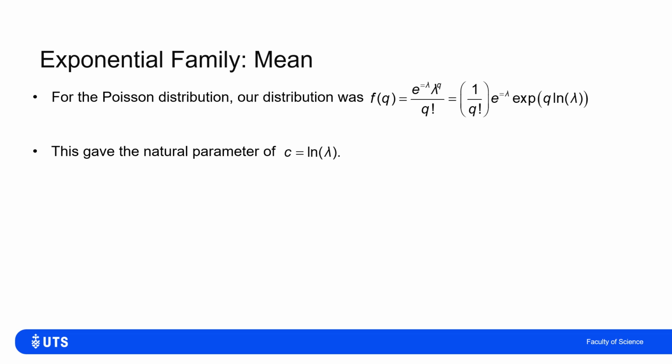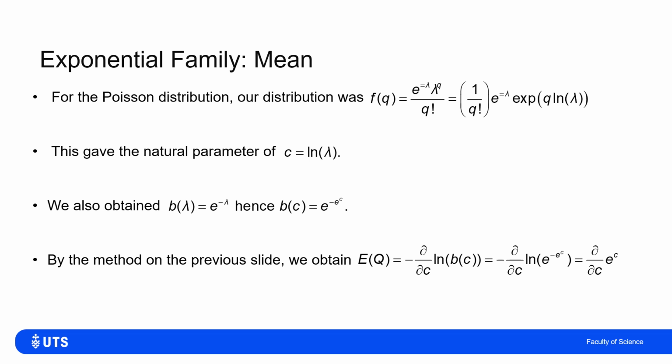And this tells us that the natural parameter is setting c as the natural parameter equal to log of lambda. So previously my b term was b of lambda is e to the minus lambda. If c is the log of lambda, then lambda is e to the c. So e to the minus lambda becomes e to the minus e to the c.